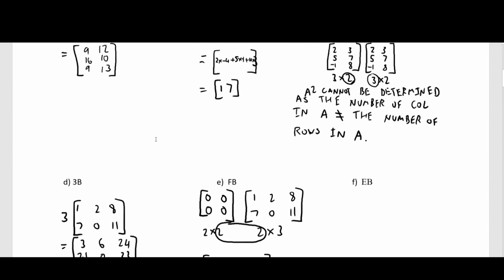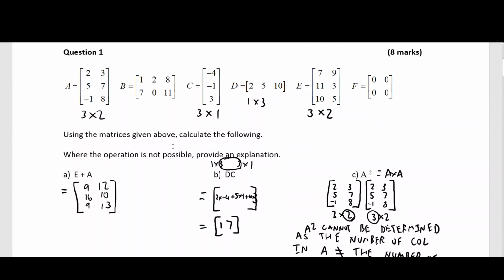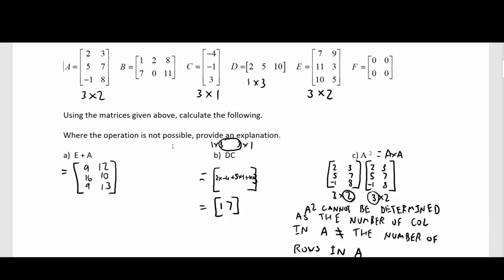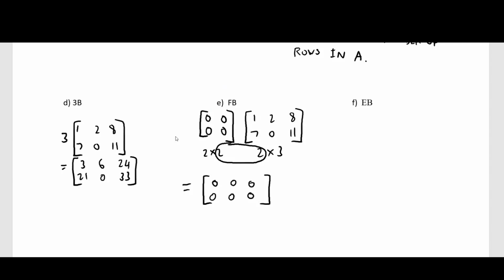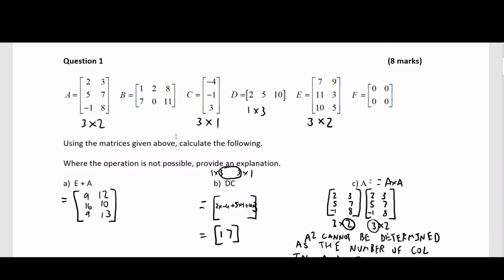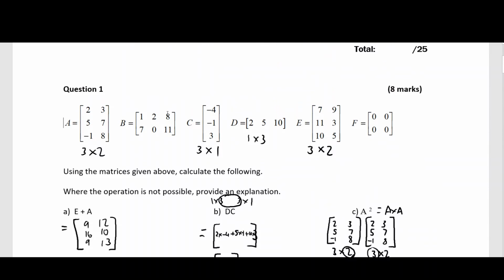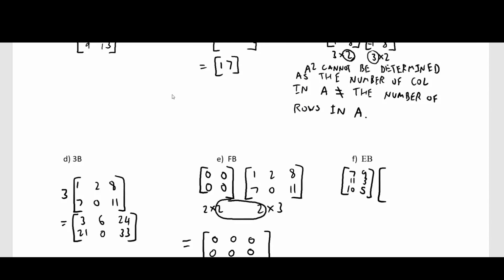E times B. So we've got E, which is 7, 9, 11, 3, 10, 5, multiplied by 1, 2, 8, 7, 0, 11.